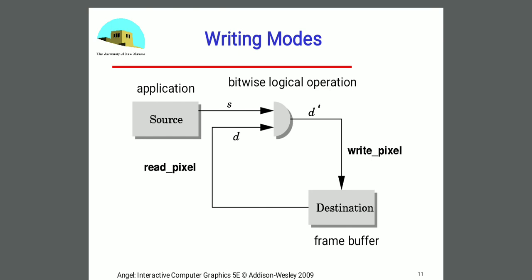Writing mode. So you see this gate: source is the read pixel, destination is where we are writing the pixel, in a frame buffer, bitwise AND. Assume, what do you mean by red color? 100 is red color, correct?